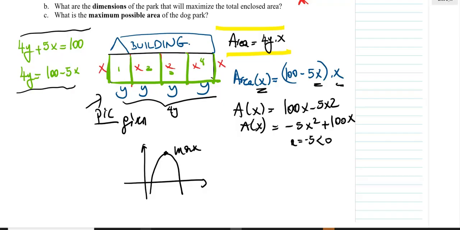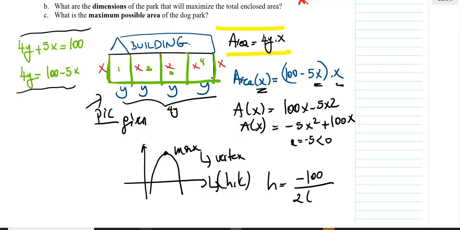Maximum occurs at the vertex, where vertex means (h, k). h means negative b over 2a. Negative b is negative 100 over 2a, 2 times negative 5, so that will be 100 over 10, which is equal to 10.